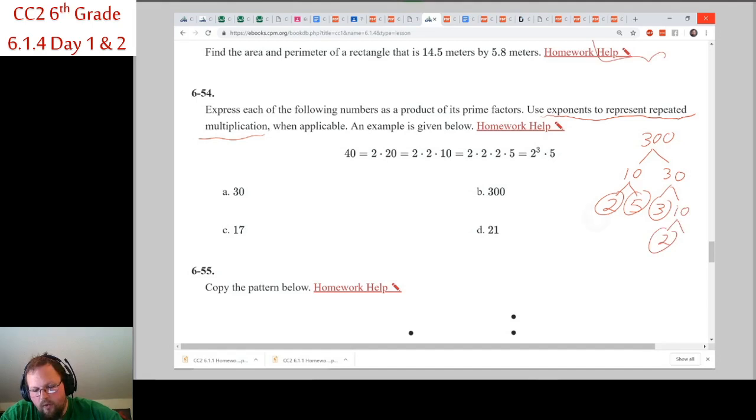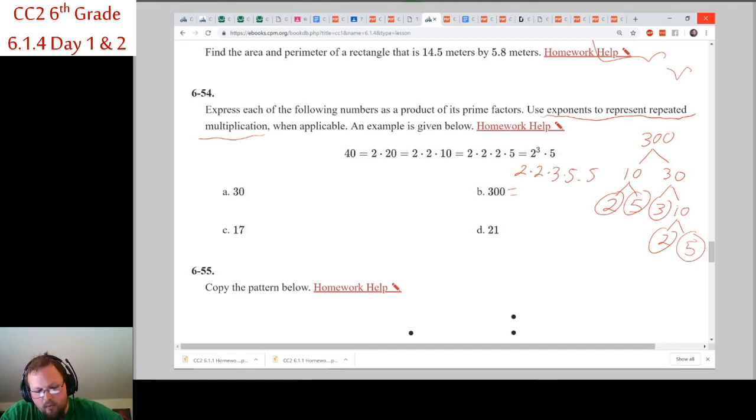And then the 10 splits into 2 and 5. Now, what they want is if you represent these as repeated multiplication, that means that instead of writing 2 times 2 times 3 times 5, which are those 5 numbers, okay, sorry, let's do 2 times 2 times 3 times 5 times 5.